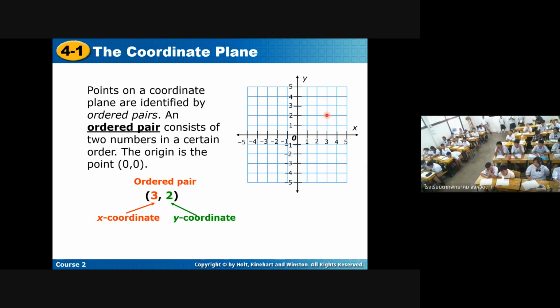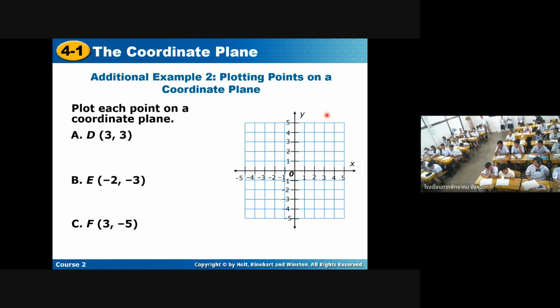Let's have another one. Can someone tell me where is 3 comma 3? Can someone do this here? Anyone? Okay, come here. Can you locate 3 comma 3? Use this. Where is 3 comma 3?